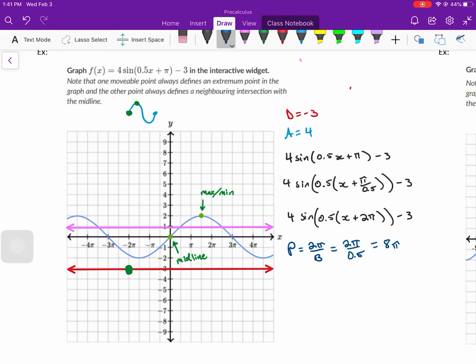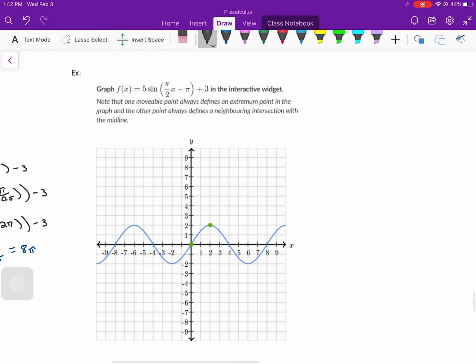So we want a quarter of that. A quarter of the period is going to be 2 pi. So we're going to go 2 pi to the right. That's where our quarter is going to end up. So our other point is going to be placed right here. Kind of a lot of work because we want a quarter of the period.